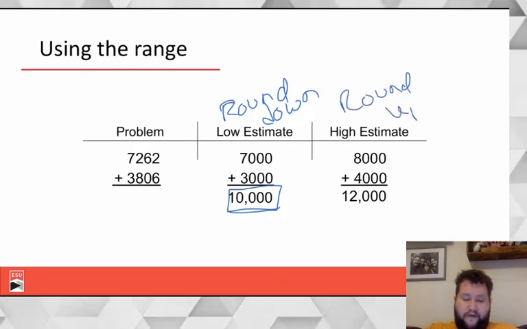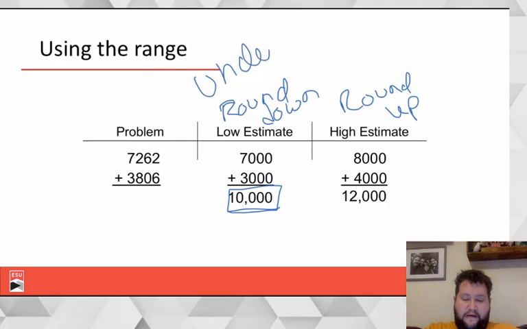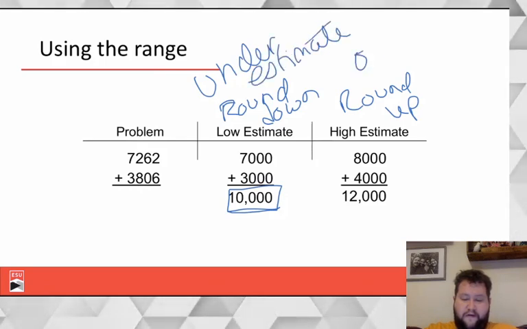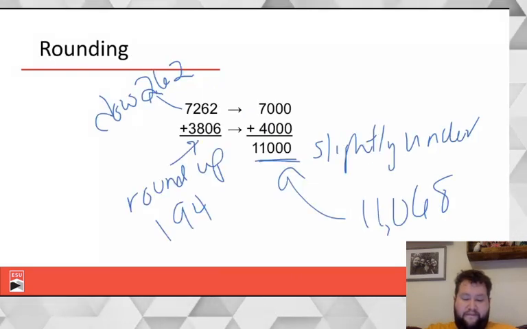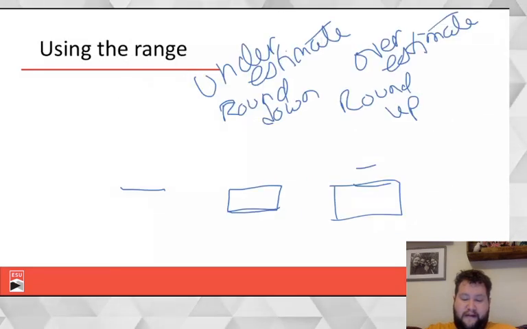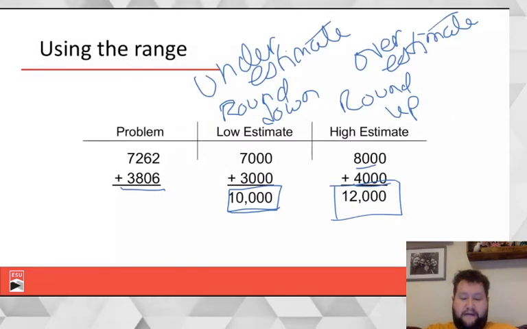This is our underestimate. And for an overestimate, we round up. This is our overestimate. 7,262 rounds up to 8,000. 3,806 up to 4,000. So less than 12,000. And this is the same problem we had on the previous slide. So 11,068 is within that range.